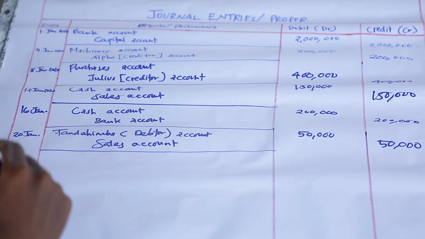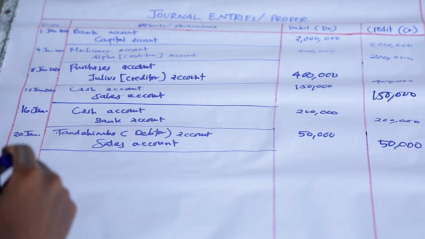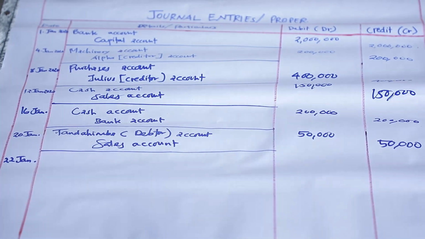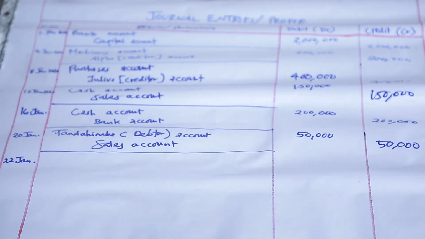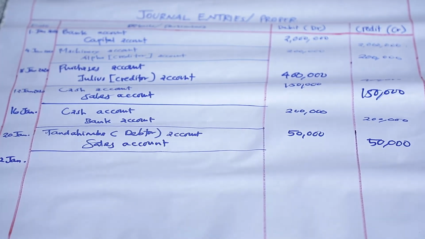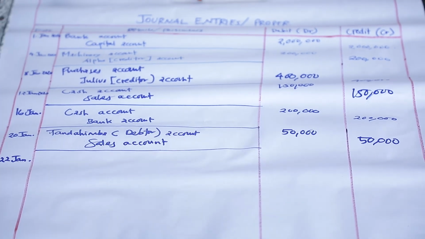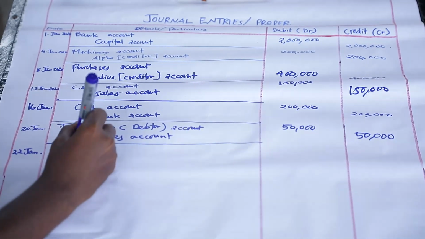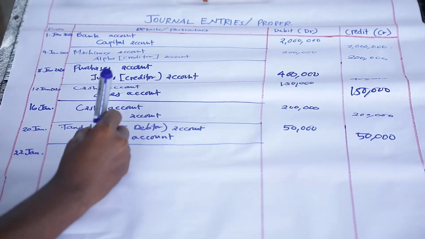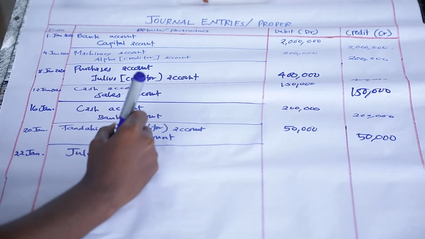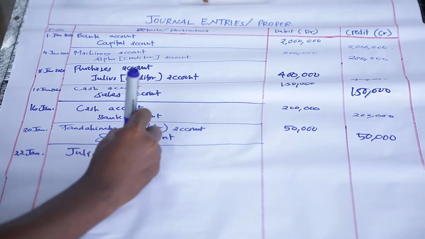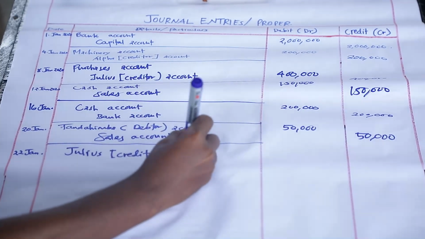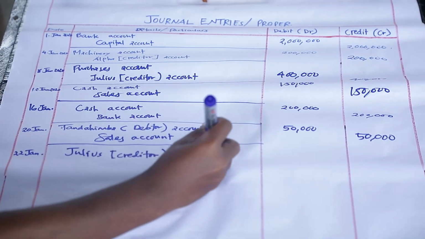So if you have returned, it means that you should now debit Julius. So the goods which we previously bought from Julius, now we have returned. So since we have returned, it means we have reduced the creditor. So we are going to debit Julius account, since creditors have decreased. Julius, credit account or accounts payable, it's up to you which name is appropriate.